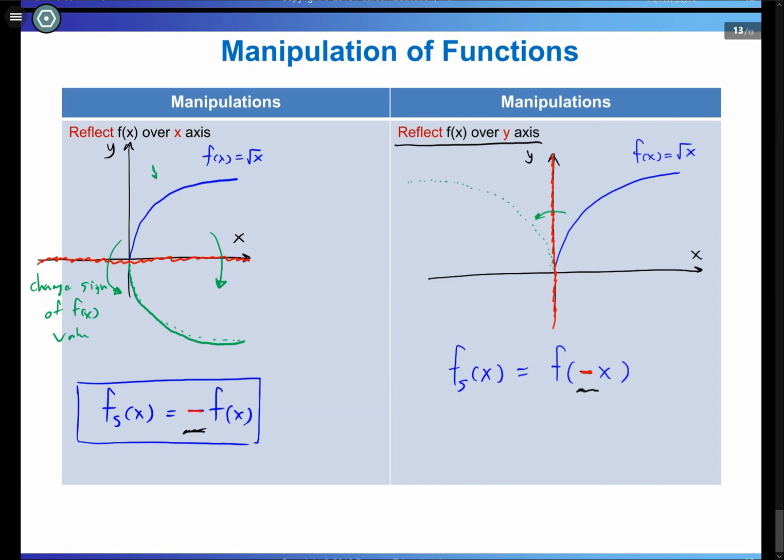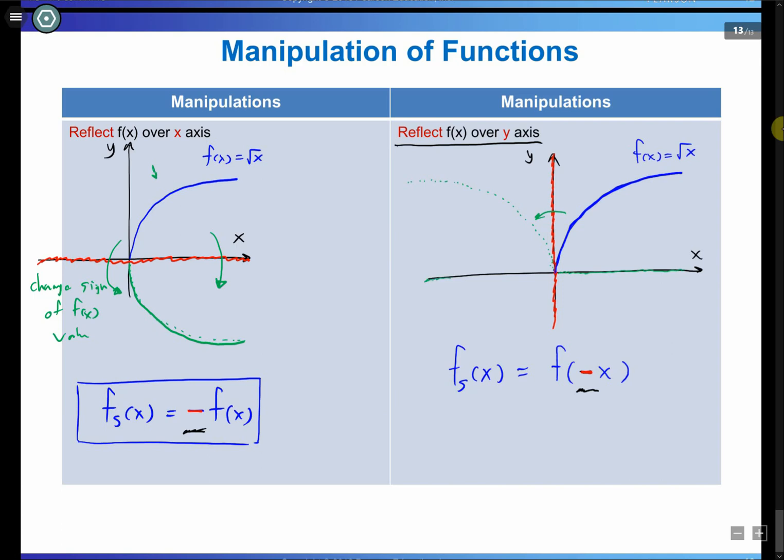Why do we put a minus sign in front of x in this case? It's because, look at this. Originally, we have this graph, square root of x, and along this curve, x is positive all the way through. But once you flip this graph, it's going to be on the other side, and on the other side, the sign is changed.